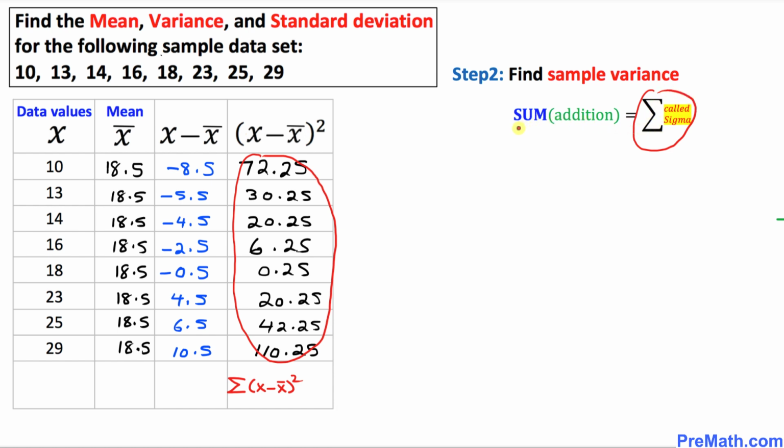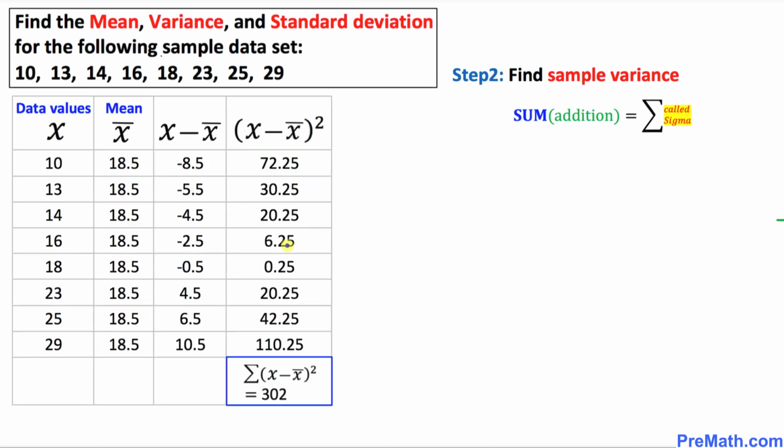That means sum, or sometimes we call it addition. When we add all these numbers, that turns out to be 302. And here is our final product, and we put down all these values nicely.